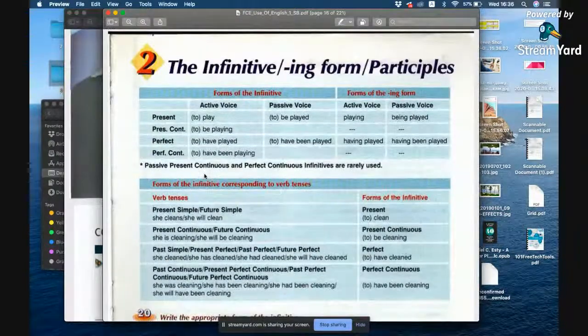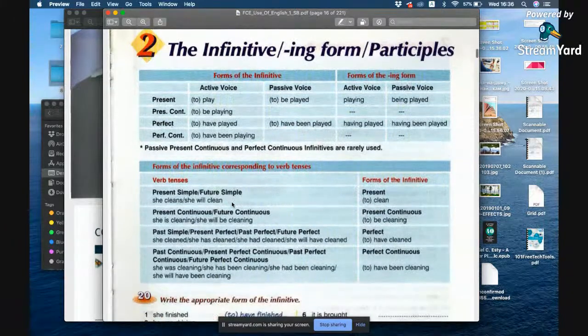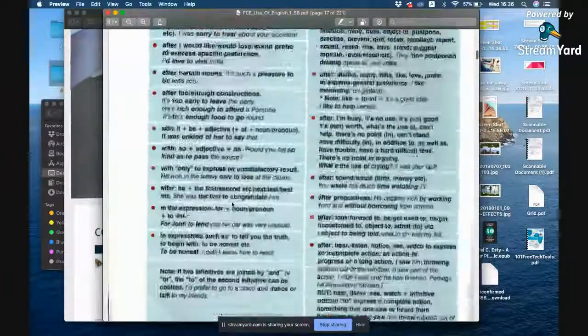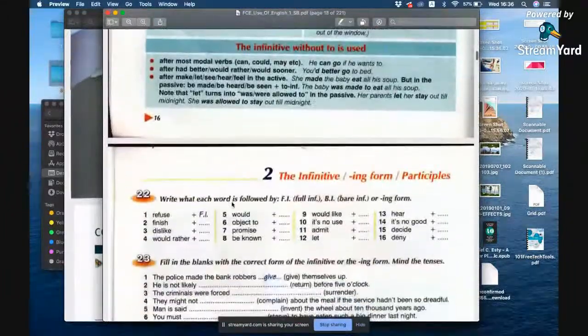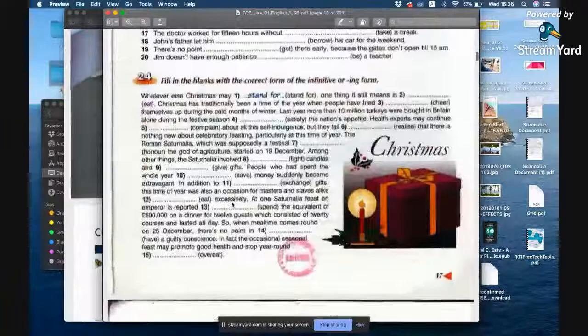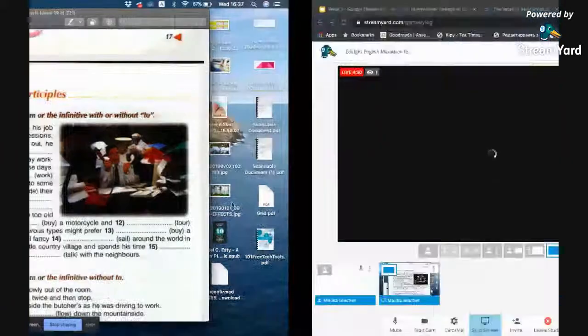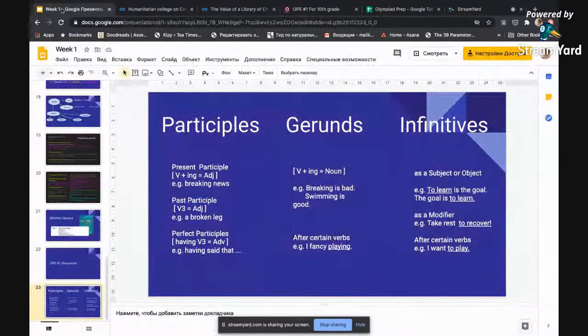The book is called First Certificate Use of English. It usually gives lots of tables, lots of exercises to prove your point, and very detailed explanation. The book is nice. But I am going to explain things a little bit differently, as short as possible.